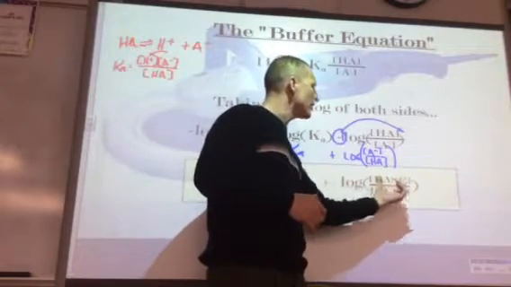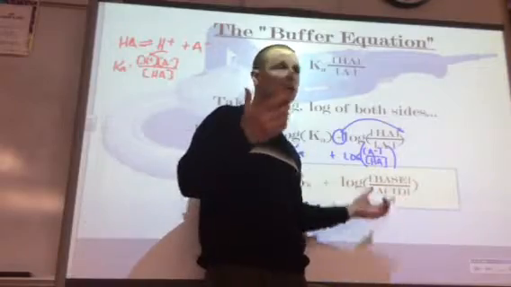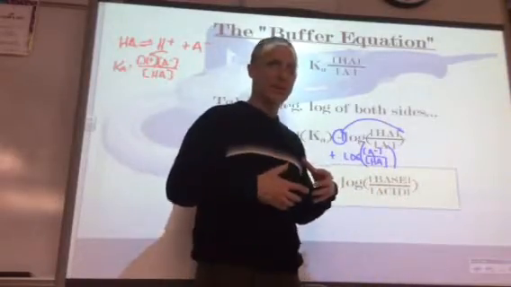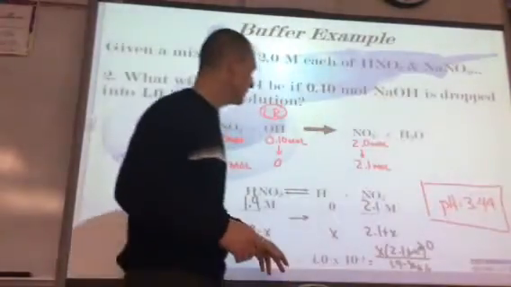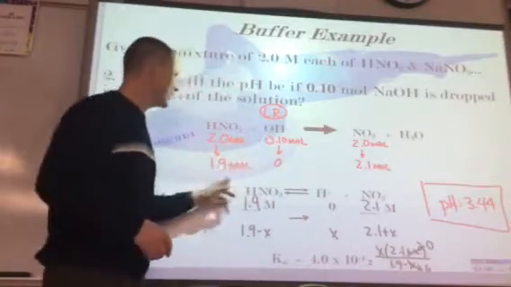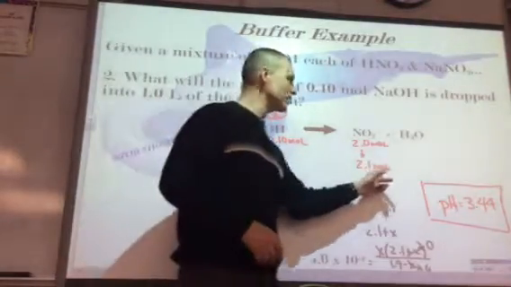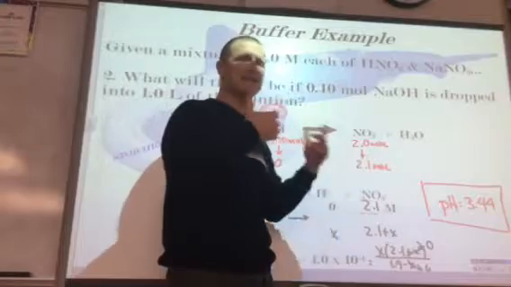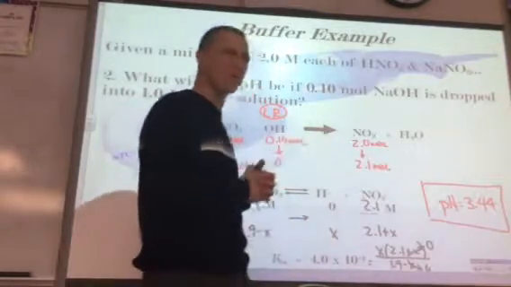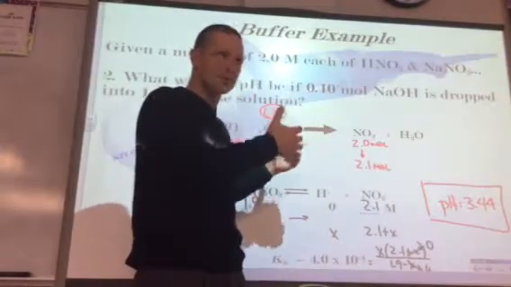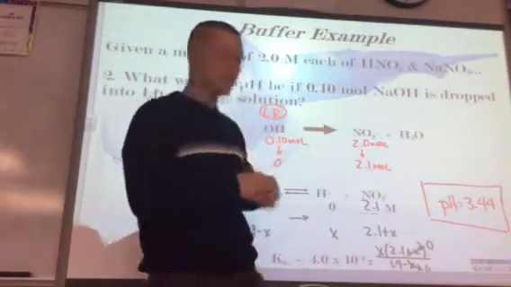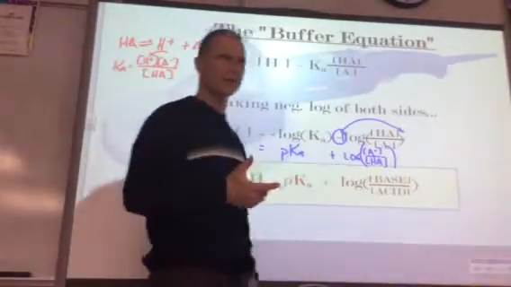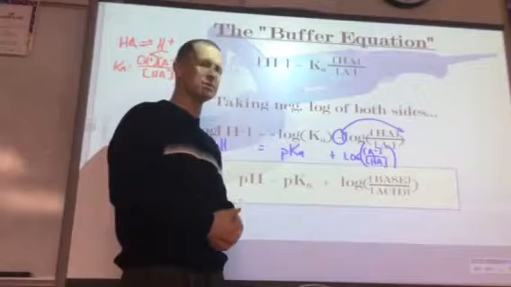So not only do you have the ratio of the molarities, it's also the mole ratio in the solution. So where in the last problem I got moles of the acid and moles of the conjugate base, that's the exact same as the ratio of the molarities. So just use moles for that ratio in the buffer equation, and it'll work. It'll give you the exact same answer as if you use molarity.